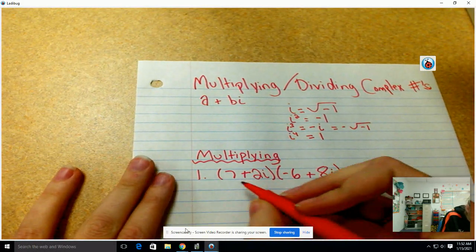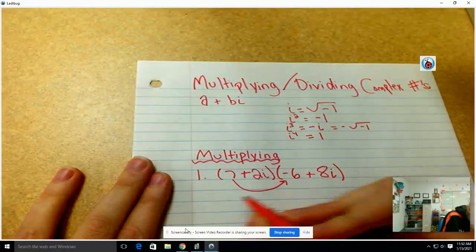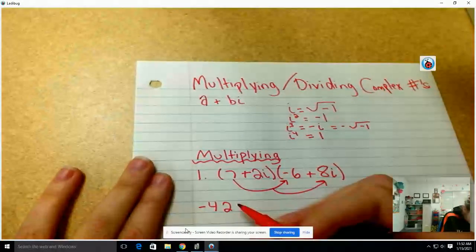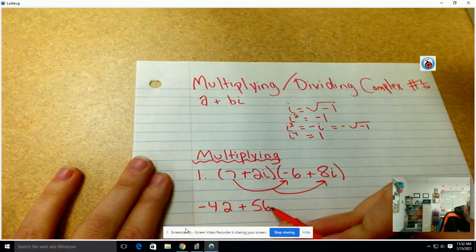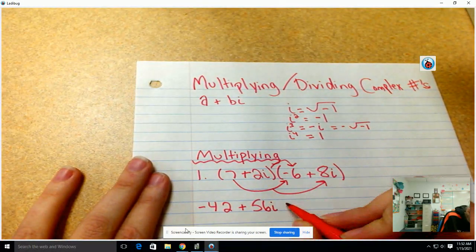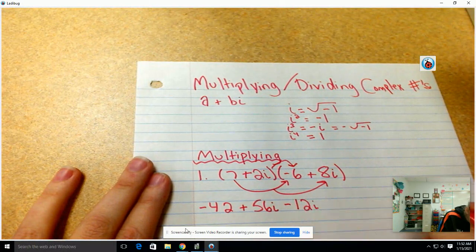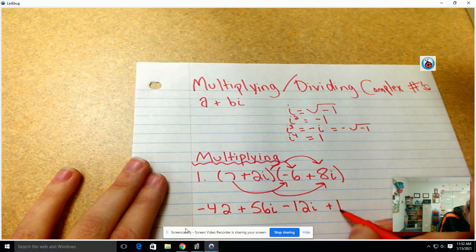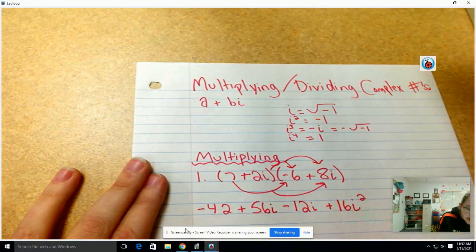So we're going to have 7 times -6, it's -42, 7 times 8i is a positive 56i. 2i times -6 is -12i. And then 2i times 8i is going to give us a positive 16i squared.